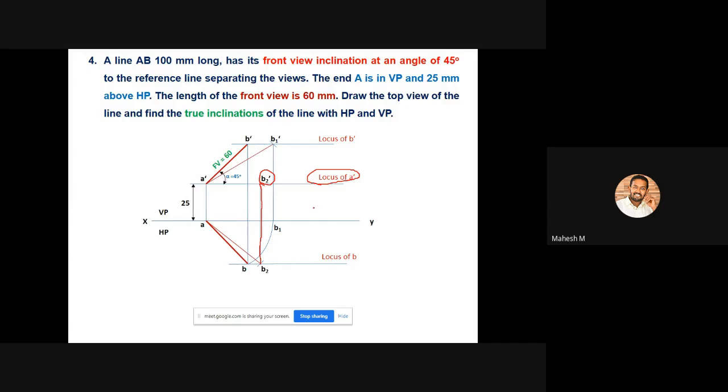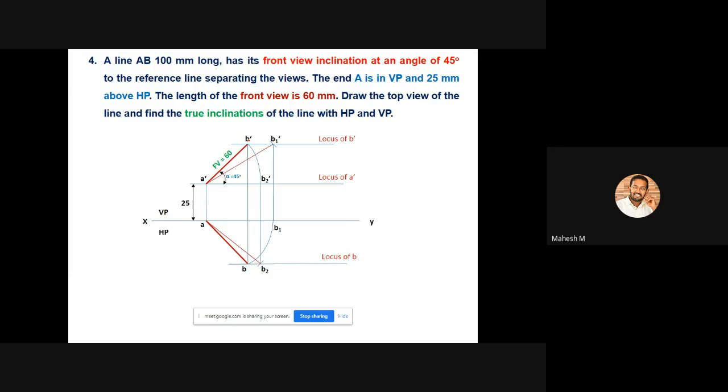Then measure the length from A dash to B2 dash, and create an arc from B2 dash to B. That is, placing the compass at A dash with the B2 dash measurement, when you draw the arc it should touch the point called B dash. If it is touching, then your problem is right.